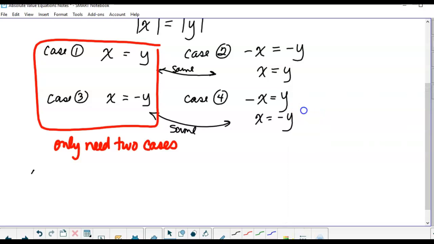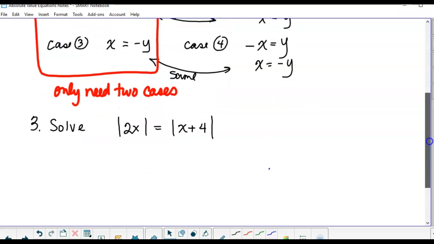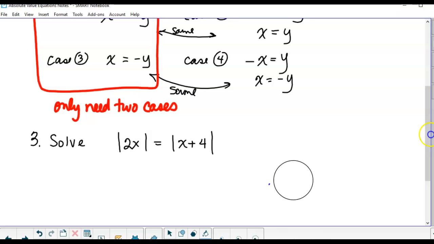Okay, so this would be example 3. So, case 1, where you just get rid of the absolute value signs.